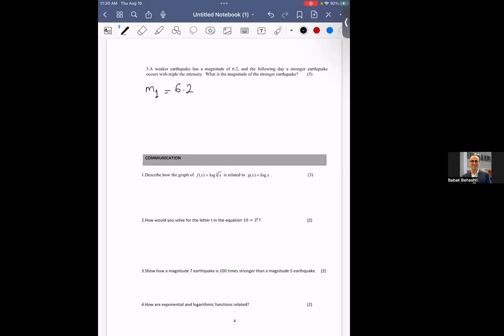And the next day, you have an earthquake, so this is M1. We don't know I1, I mean, we can't tell, but let's just keep it I1. In the next day, we have I2, another earthquake with triple intensity. So that means I2 is 3 times I1, right? Now, what is M2?